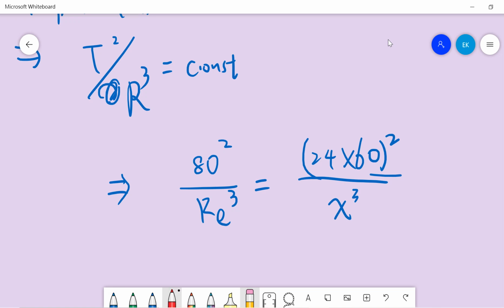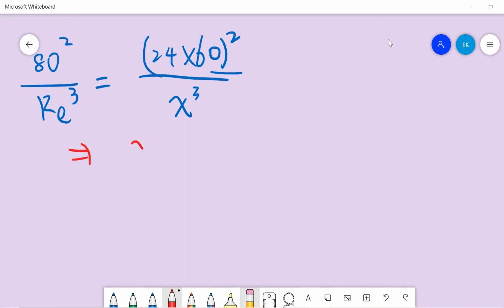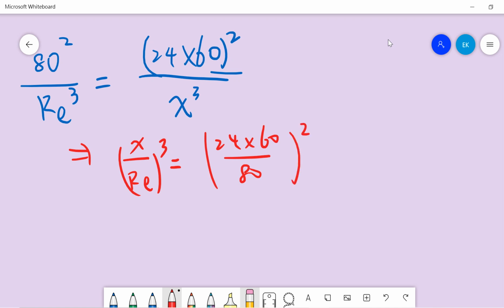And how to solve it? Okay, so let me try. So we have this equal to 24 times 60 over 80 squared. So this is 3, 4. Okay, so this is this, and this is.